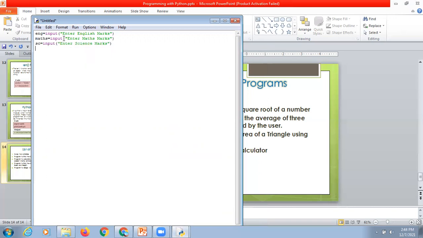Okay. So we have already taken the marks of 3 different subjects. We have to calculate the average now. So I'm taking a fourth variable as average, but again the same problem will appear because the answer may come in a decimal number. So we need to declare it as float.